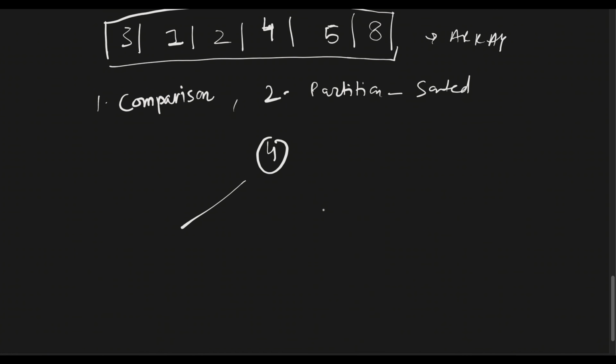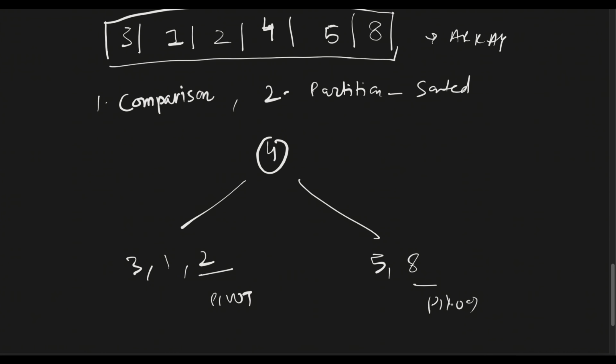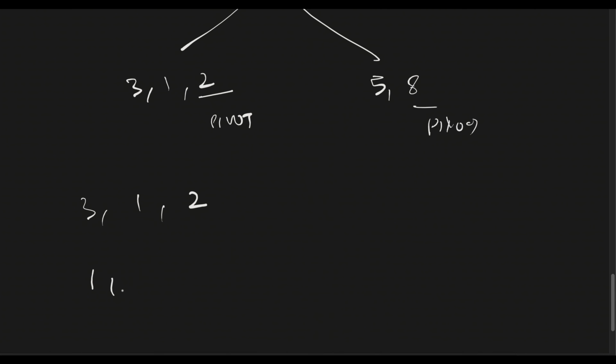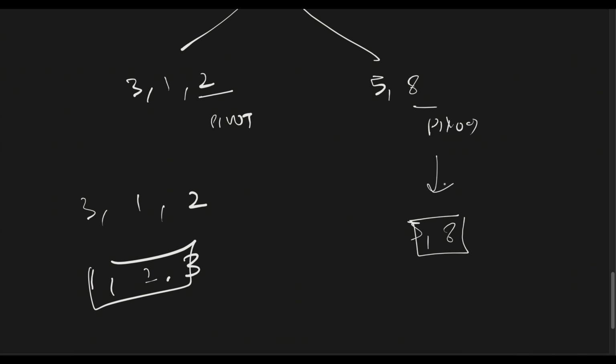Now I will divide this into two parts: 3, 1, 2 and 5, 8. This will be my pivot here and this will be my pivot here. Now I will compare this pivot with 3, 1 and 2 and sort these elements. These are already sorted, so in one go it will sort.